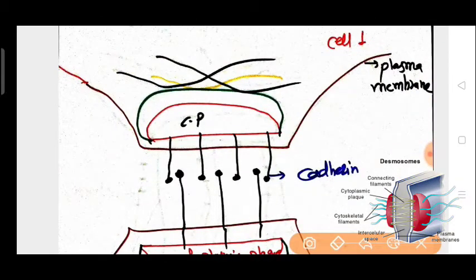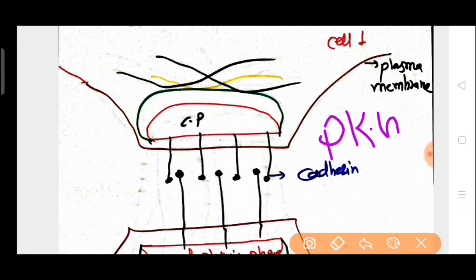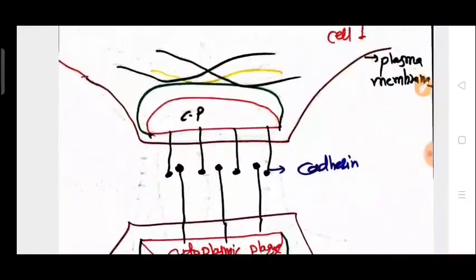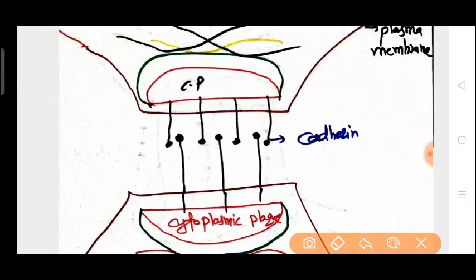And this is your cytoplasmic plaque. It has a dense cytoplasmic plaque which is composed of a mixture of intracellular attachment proteins including plakoglobin and desmoplakin. As you can see here, these cells connect via cadherins.